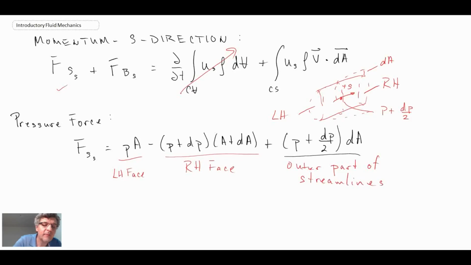So there we have an expression for the surface forces. Let's now move on and take a look at the body forces. Before we do that, let me just rewrite this a little bit to clean it up.